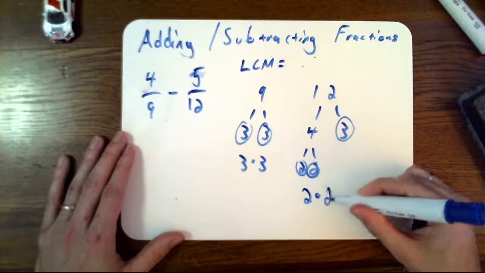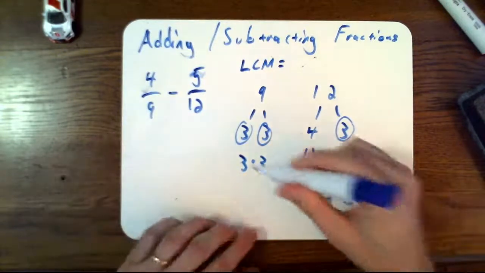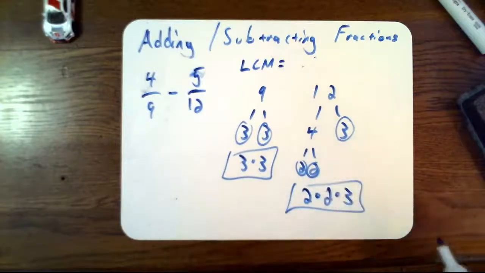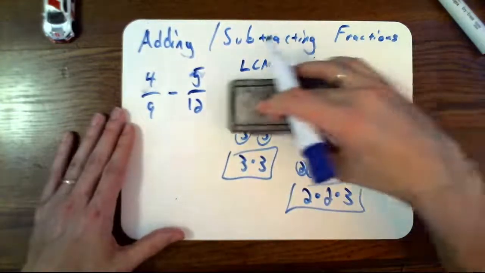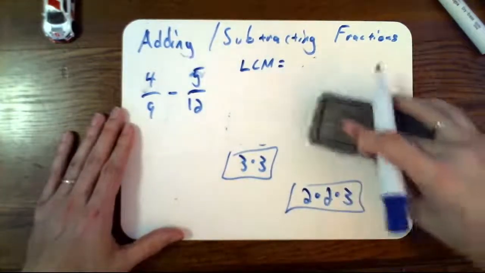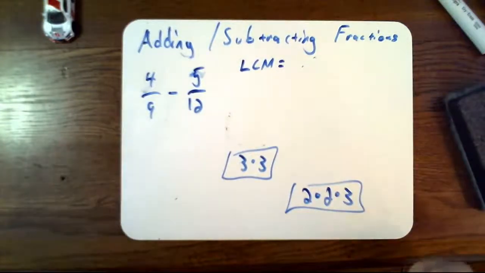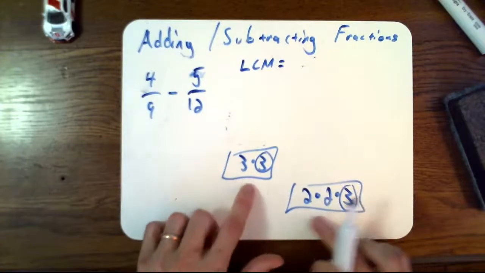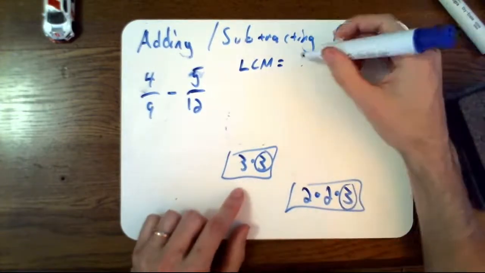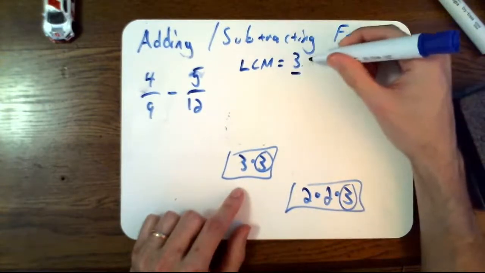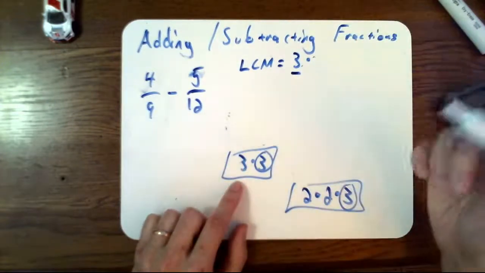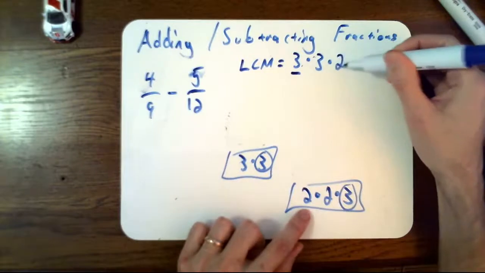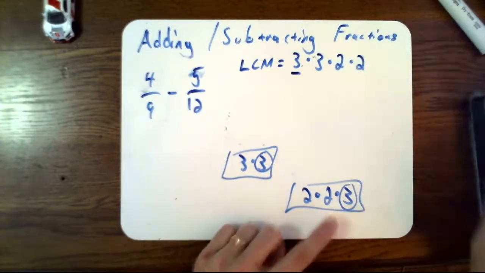We're comparing 3 times 3 and 2 times 2 times 3. So what is the common multiple? Well, they both have a 3, and then these are the uncommon pieces. So I'm only going to list that common factor once, and now I'm going to list all the uncommon factors. 3, 2, and 2.